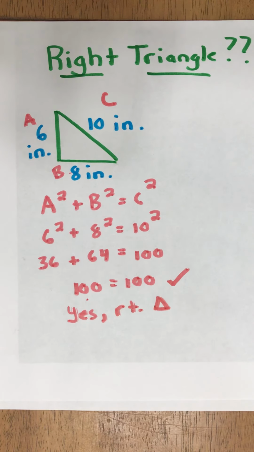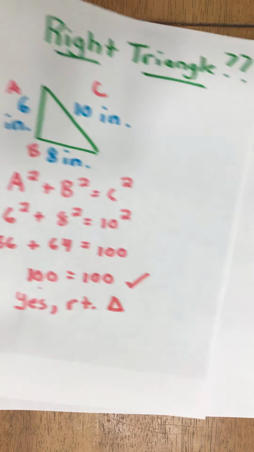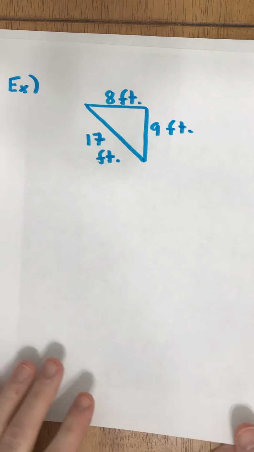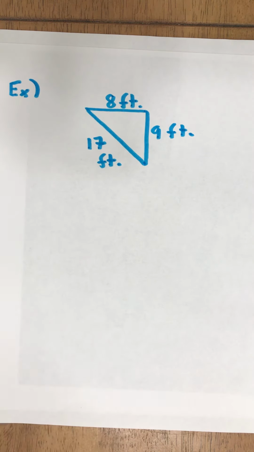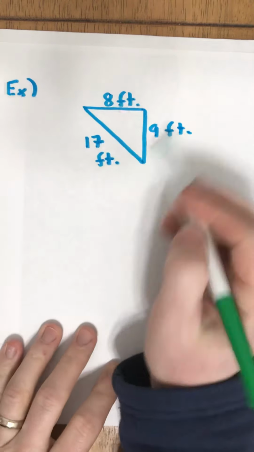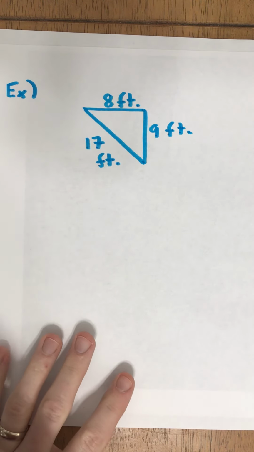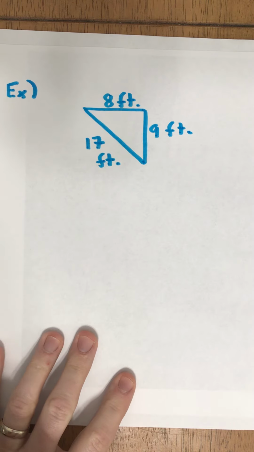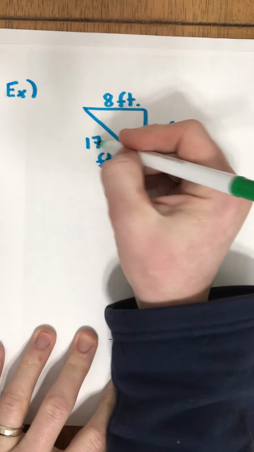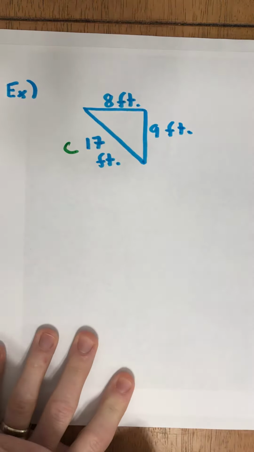All right, so let me give you another example here just to clarify. So when you have a triangle, we're going to try to use the Pythagorean theorem. If it works, we have a right triangle. If not, it's not. So here I go. I've got another triangle here. I'm going to see if it's a right triangle or not. I'm going to go ahead and label my longest side with a C. In this case, we're talking about 17.